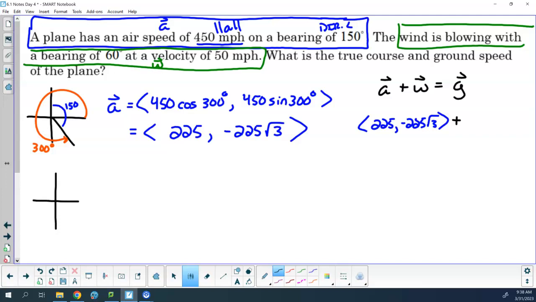Wind is blowing with a bearing of 60 degrees. Which quadrant is the wind blowing to? Quadrant number 1. Okay? So that would have me right up in here, where this is my 60-degree angle. What is the trig angle associated with that? 30.